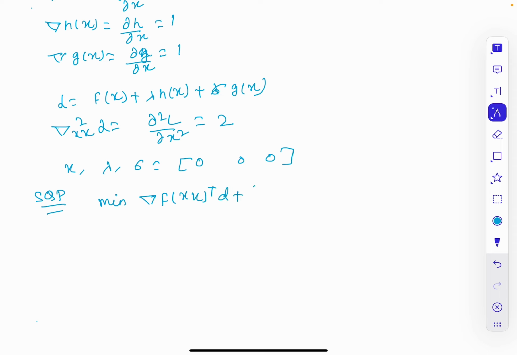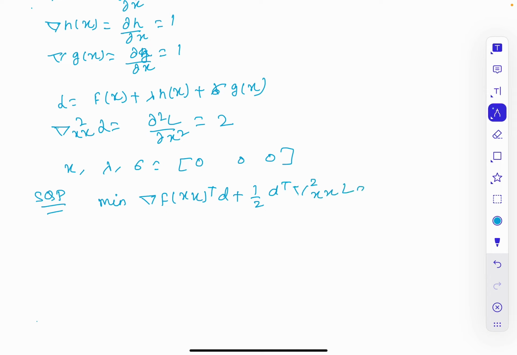And then half d transpose L d, subject to the condition that h(xk) plus gradient of h(xk) transpose d is greater than or equal to 0, and the second is g(xk) plus gradient of g(xk) transpose d equal to 0, right? So this is our numerical optimization subproblem.